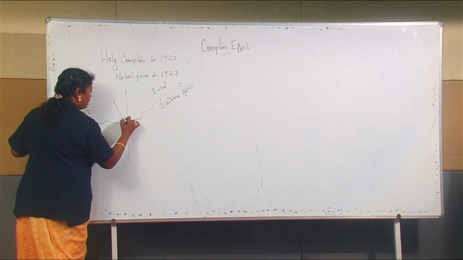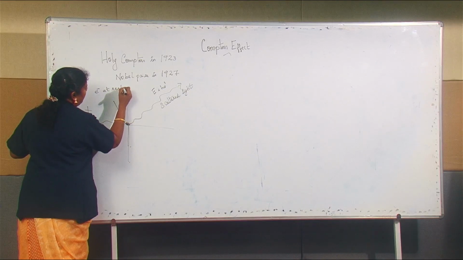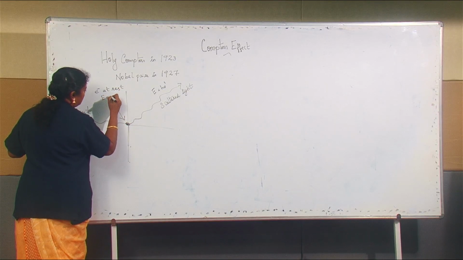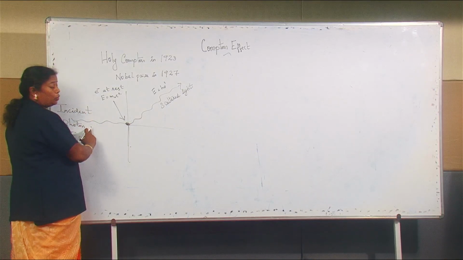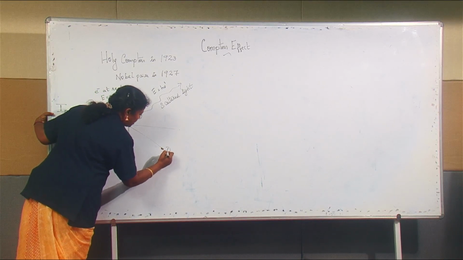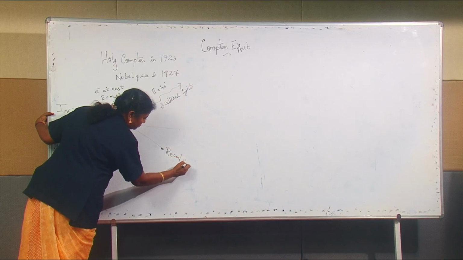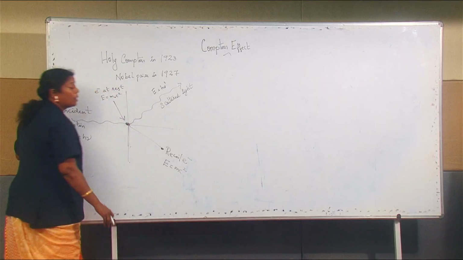The equation for its rest energy is E is equal to m naught c square. After the collision with this incident photon, the electron is ejected out, and it is called the recoil electron, and the energy is E is equal to mc square.